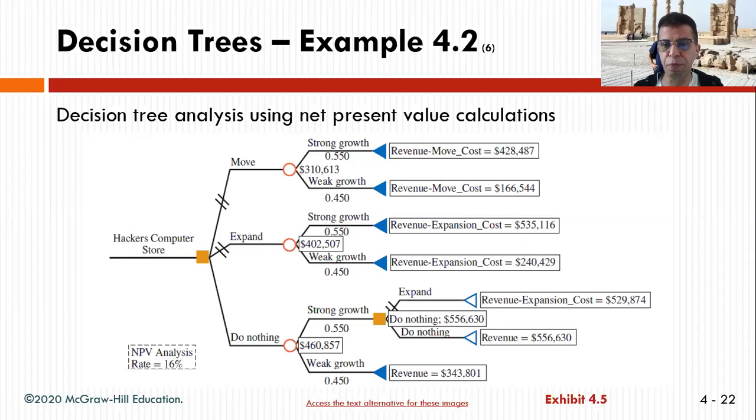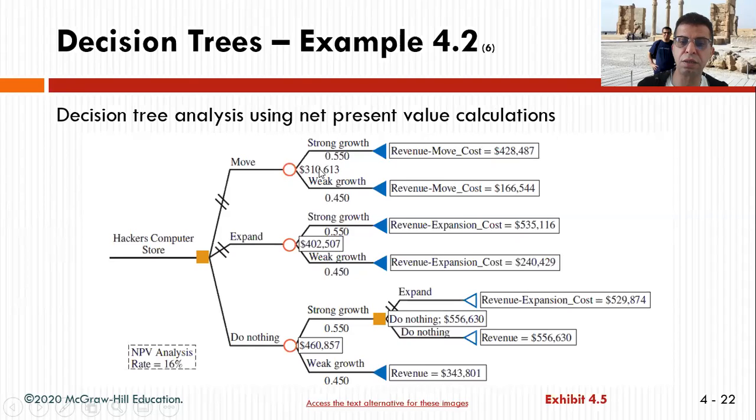If you want to put it into calculation, management will look at this and say, okay, if I'm moving, my revenue of move minus cost will be 428 multiplied by 0.55, and revenue from move minus cost in the weak growth will be 166.54, because we already implemented the NPV value.